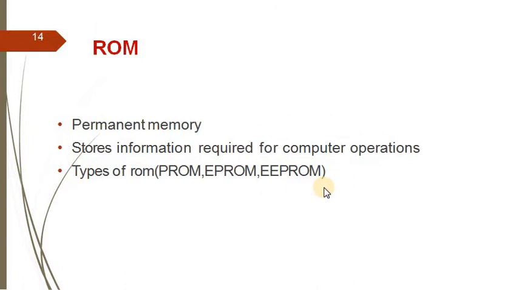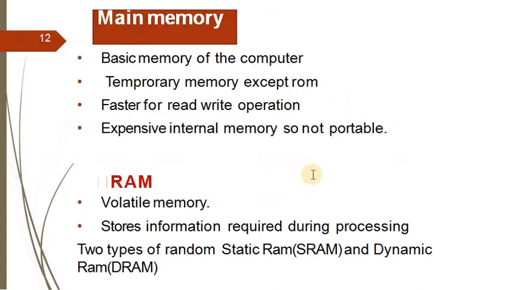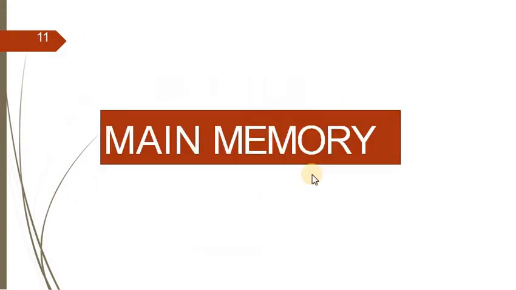Now we will see what is ROM. It is a permanent memory. Stores information required for computer operations. Types of ROM are PROM, EPROM, EEPROM. Okay, so we will see what is ROM. Before that, wait a minute.